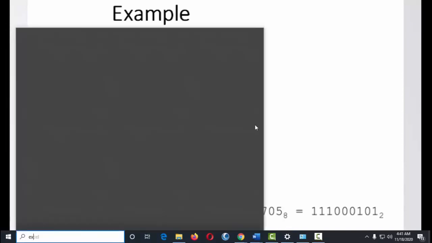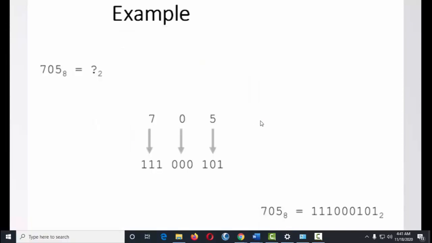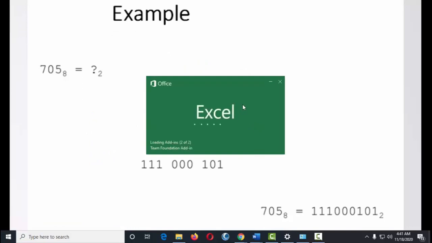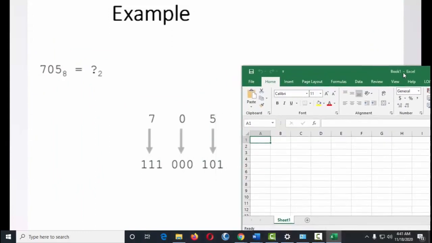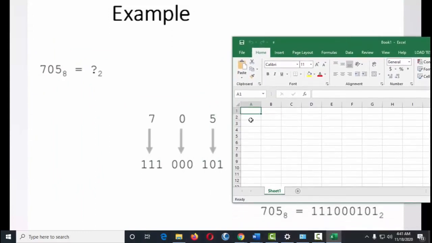So Microsoft Excel. For example, this is 7, 0 and 5, which is represented by 1 1 1, and then 0 0 0, and then 1 0 1.